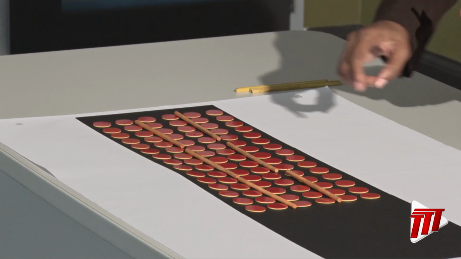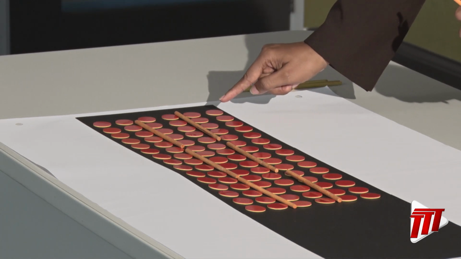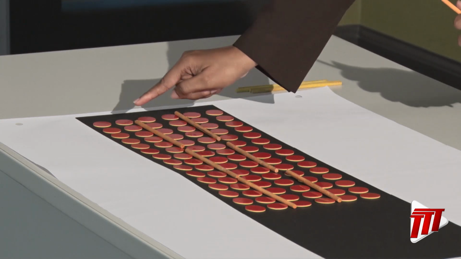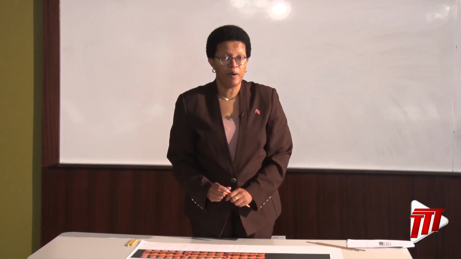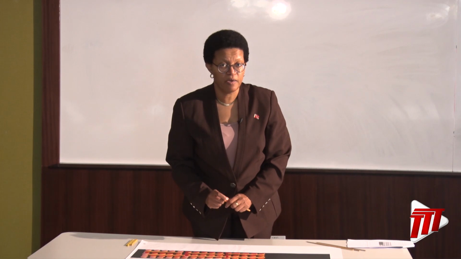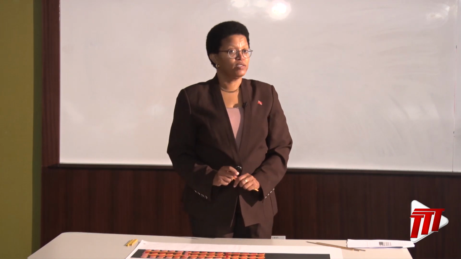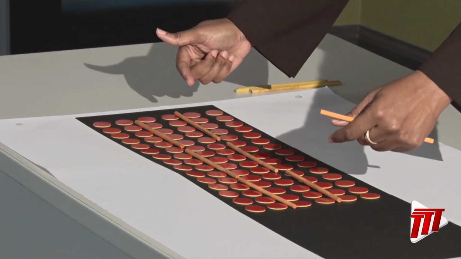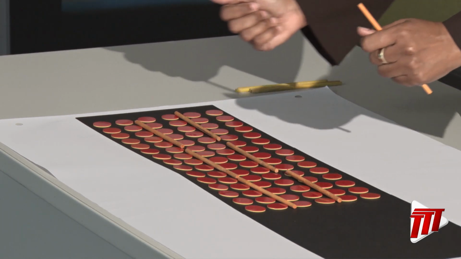This means that there are 30 bottles, another 30 bottles, and another 30 bottles. Our 3 parts have 30 bottles each. We want 2/3. We want 2 out of the 3 parts.